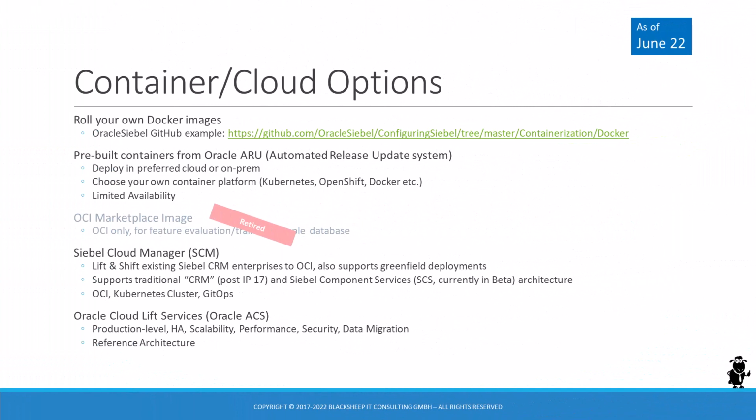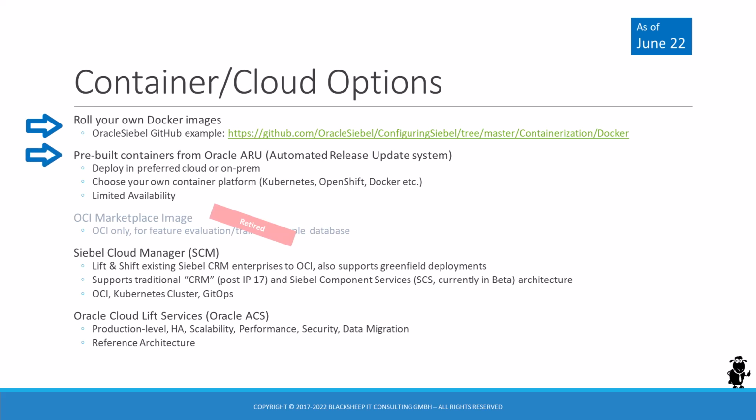Speaking of containers and cloud, let's quickly enumerate the current options for Siebel CRM customers who wish to containerize their Siebel CRM infrastructure. As of June 2022, you can choose from the following options. Option 1. Roll your own Docker images by following the examples on the Oracle Siebel GitHub repository.